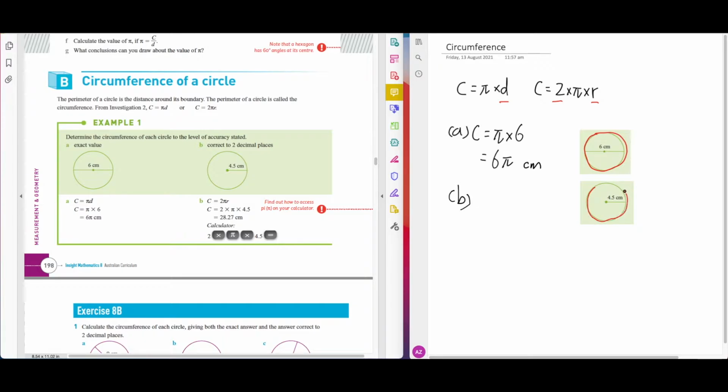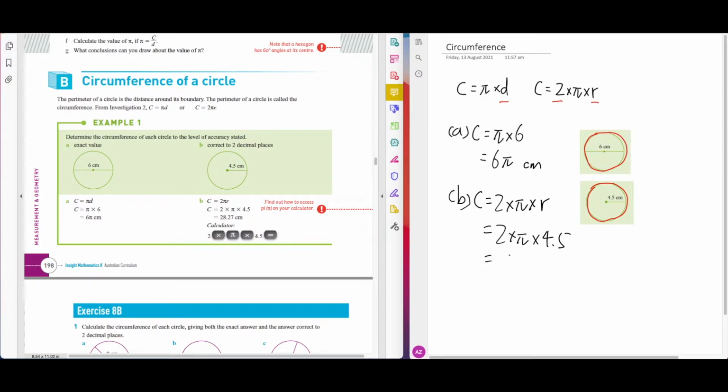Now how do we do it? Well, we can just use the formula. Now which formula do we use? Do we use the formula with the diameter or the radius? Well, they give you the radius here, right? So then we just use the one with the radius. So circumference equals 2 times pi times r. And that's equal to 2 times pi times, now the radius. What's the radius? Radius is 4.5, right?